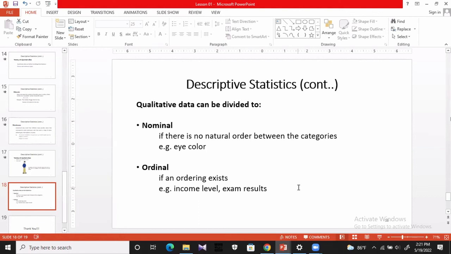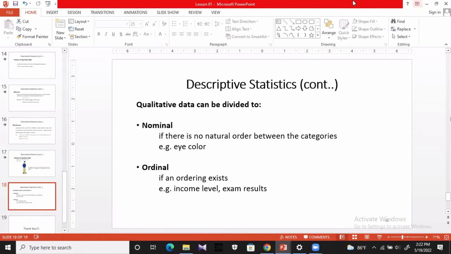One has got an A pass for the statistics subject and the other an A plus. A and A plus is qualitative, of course. It doesn't have any numerical value. Now my question is, is there any order between A plus and A?